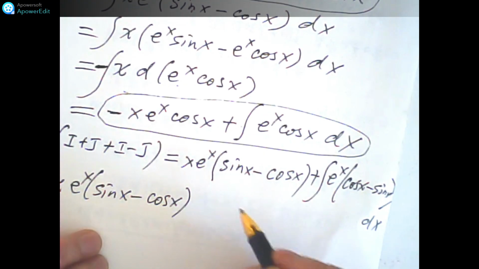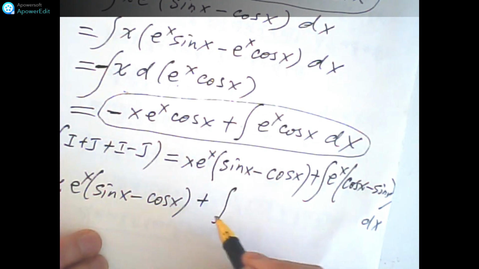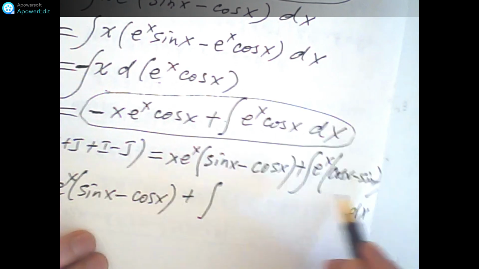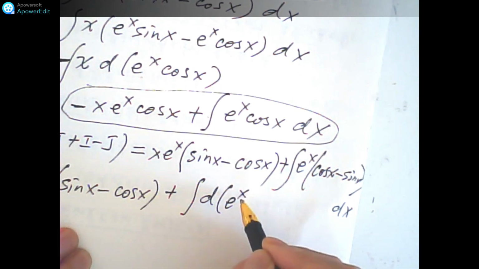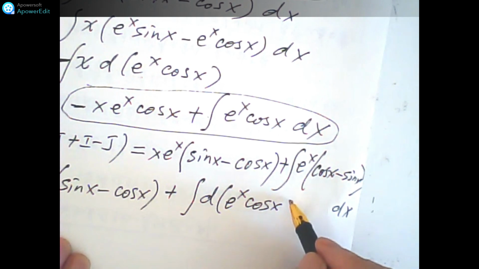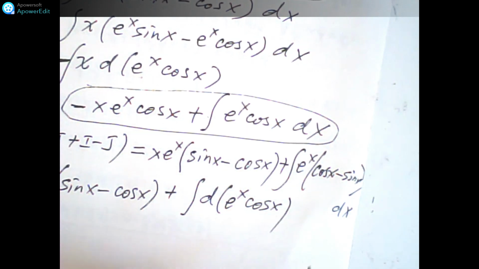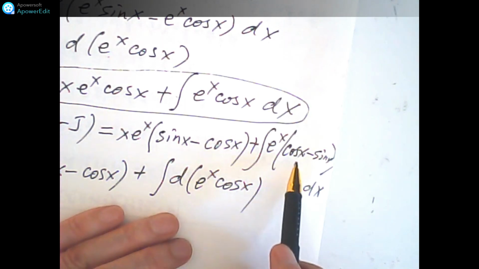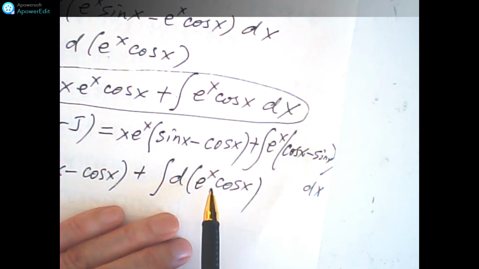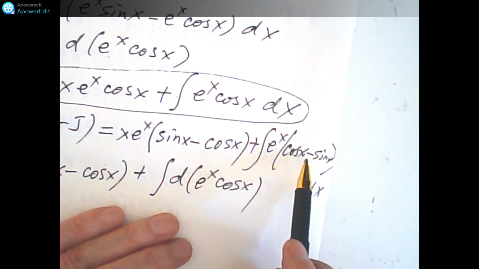This one is the product rule of e to the x cosine x. Right? Let's check this integral. This derivative is e to the x times cosine, and this one times this derivative has a negative sign.